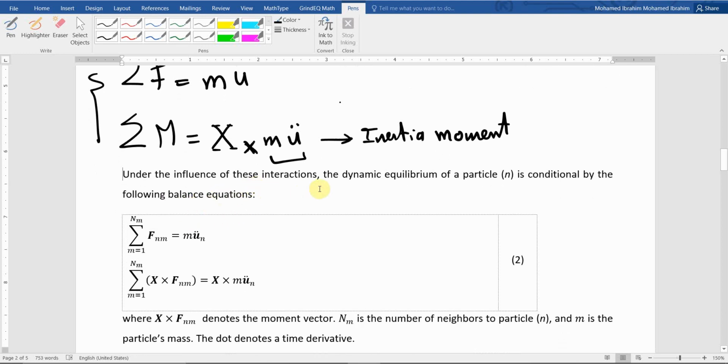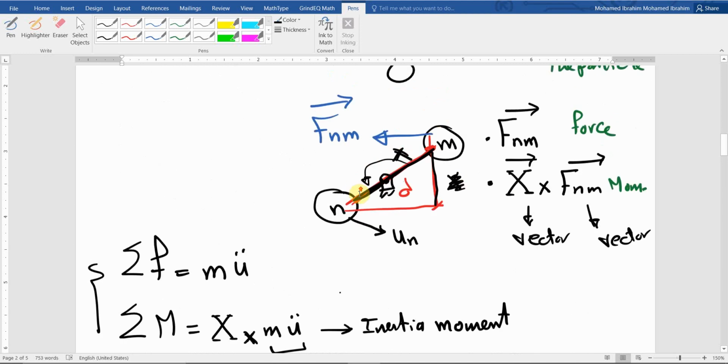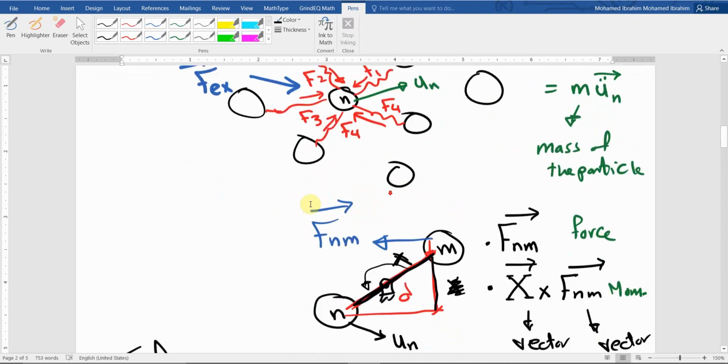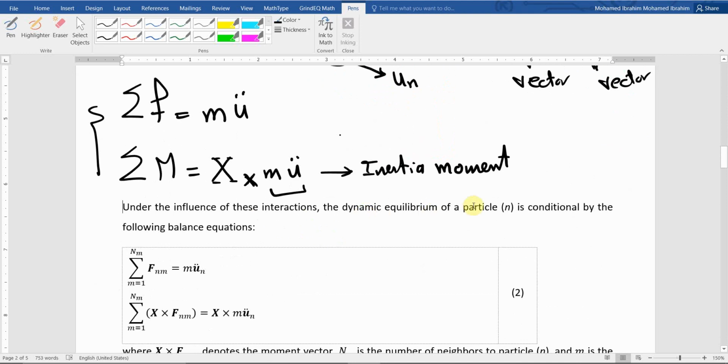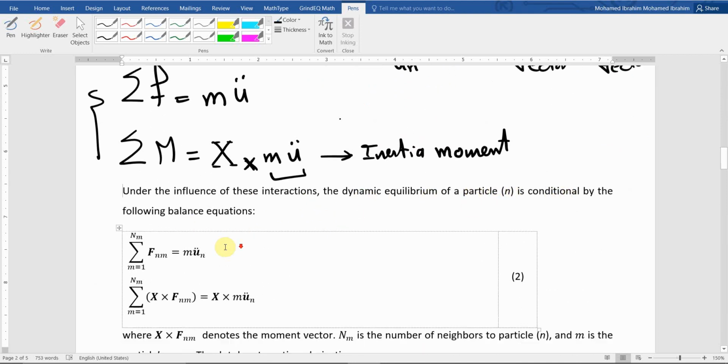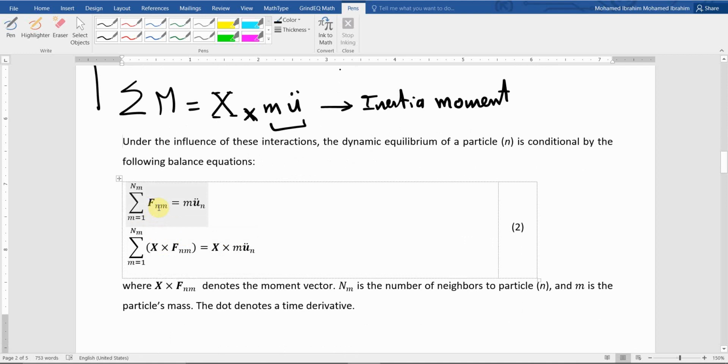Under the influence of the interaction forces generated between the particle and all the neighbor particles, the dynamic equilibrium of a particle n is conditioned by the following balance equation: the sum of forces of interaction between the particle n and another particle m should equal the mass of the particle n times the displacement of the particle n itself, double dot.